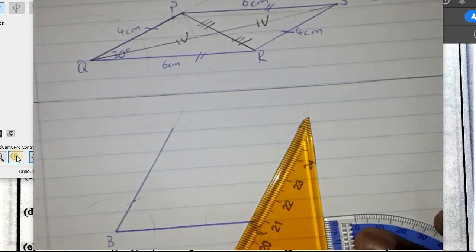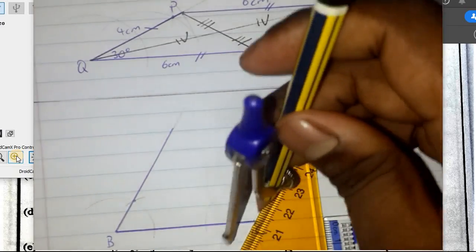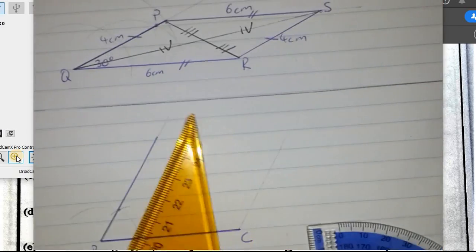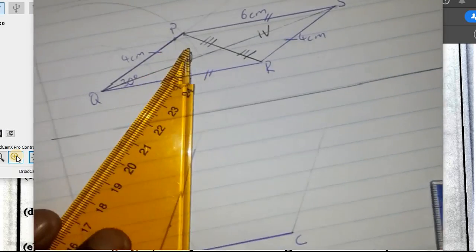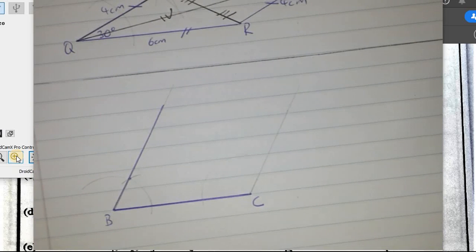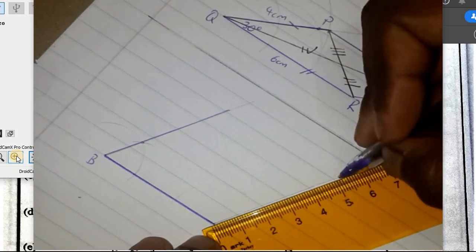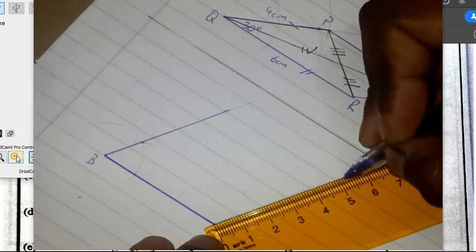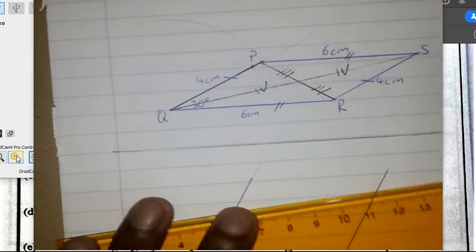Sliding set square. Let me just extend this line. Alright, so anyways, we got that there. We extended that line. We said 5 centimeters, right? Then we can just join our top.